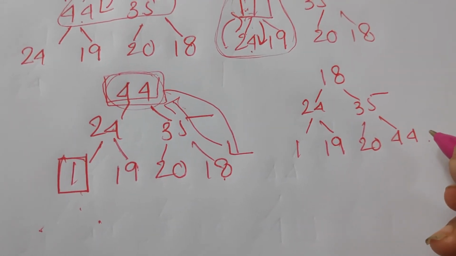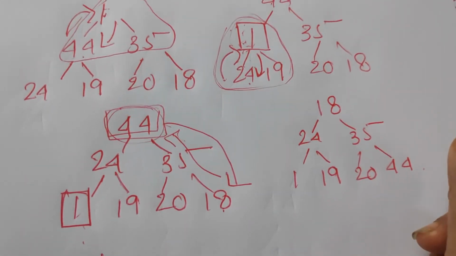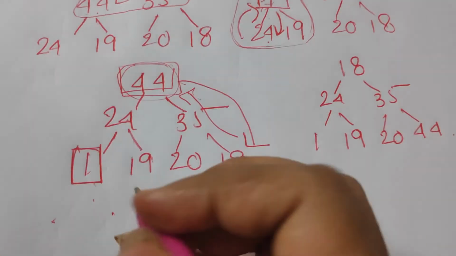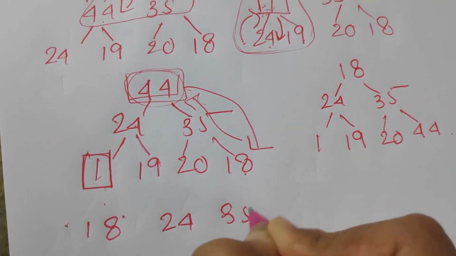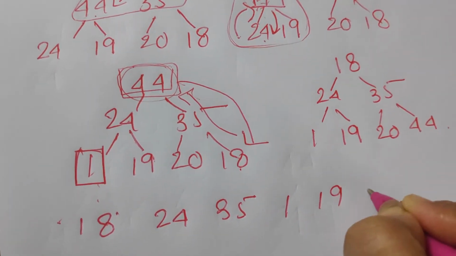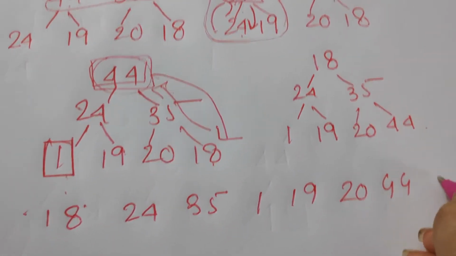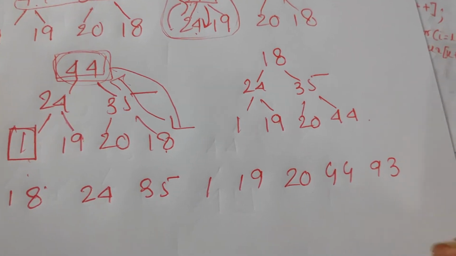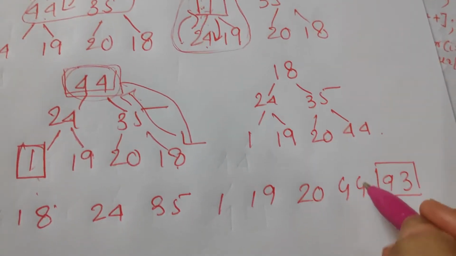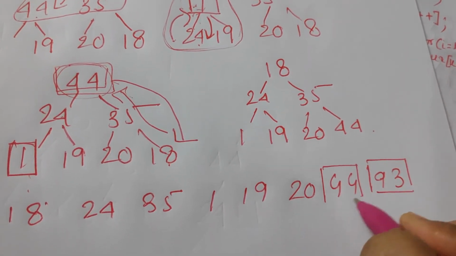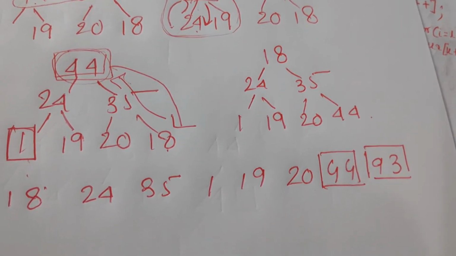So therefore now the array would look like this: 18, 24, 35, 1, 19, 20, 44, and at the end 93 was there. So 93 has got its position, and if you see 44 has also got its position now, right?